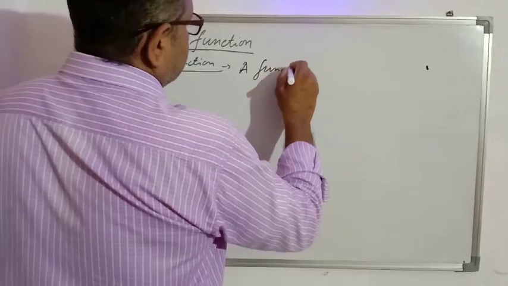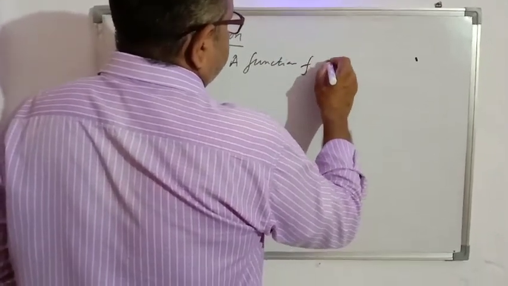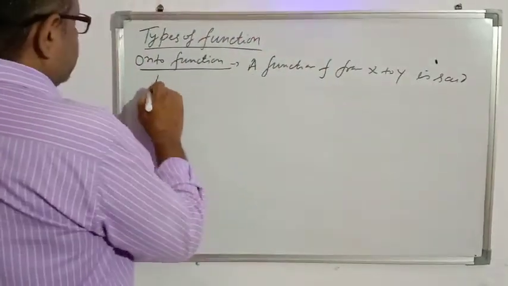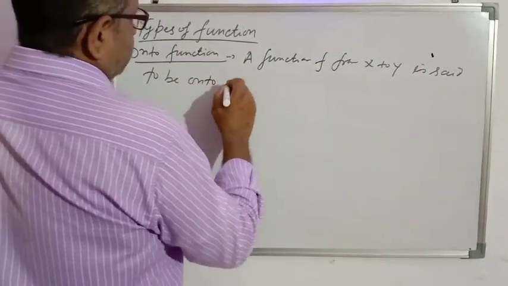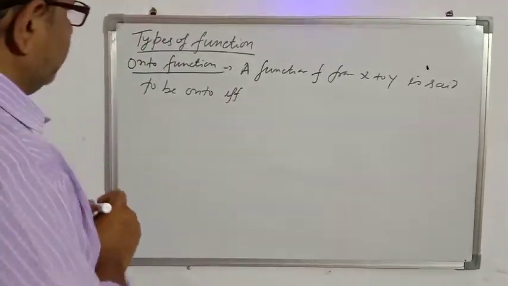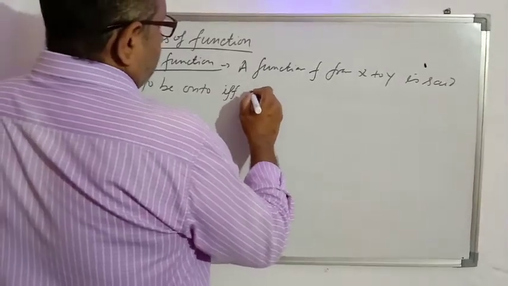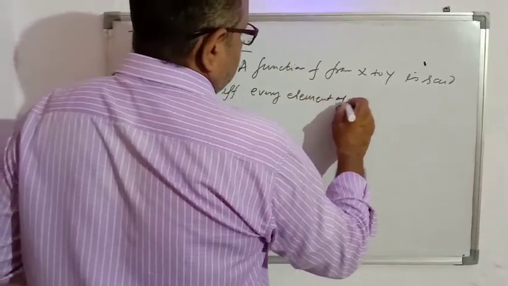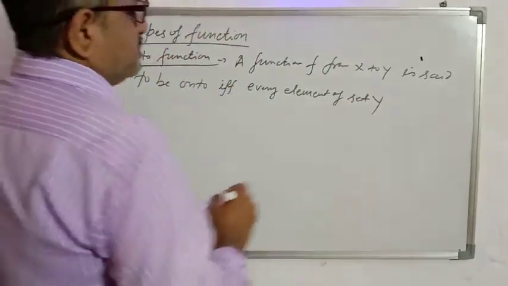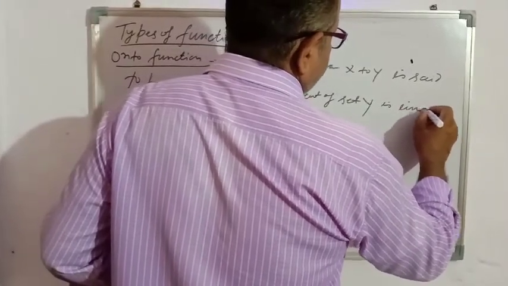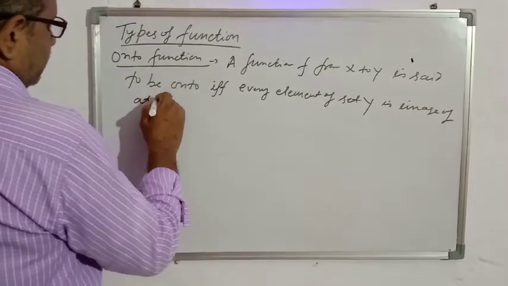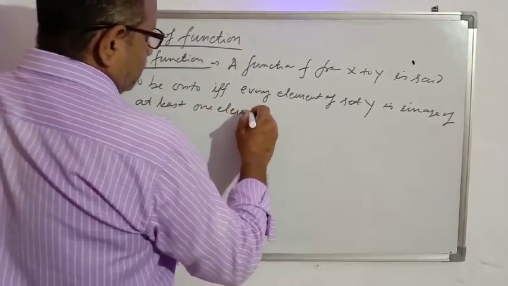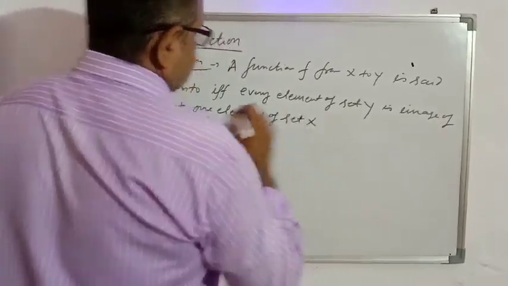A function f from X to Y is said to be onto if and only if every element of set Y is the image of at least one element of set X.